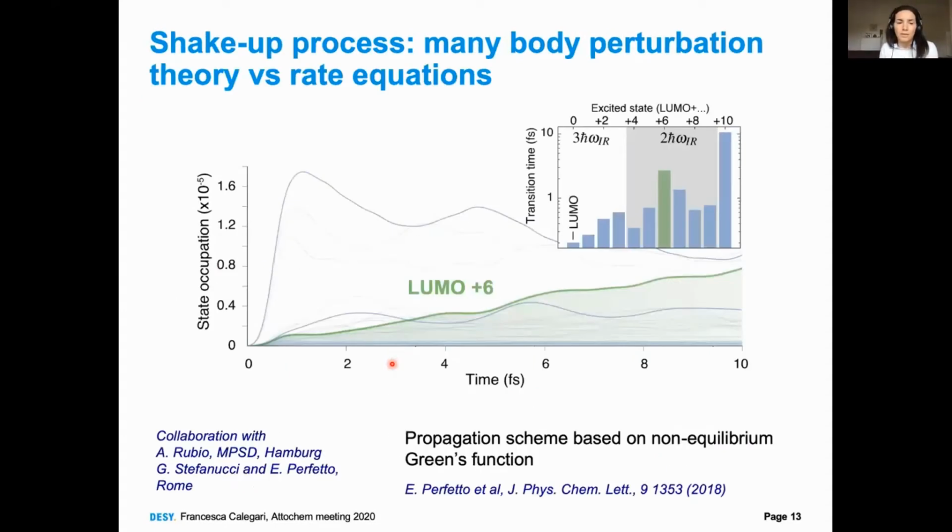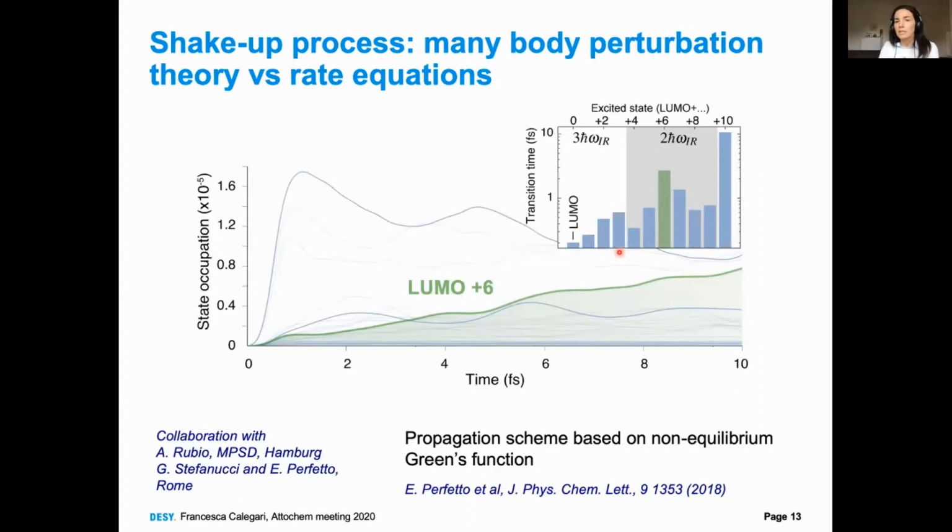We collaborated with the group of Angel Rubio in Hamburg and with the group of Gianluca Stefanucci and Enrico Perfetto in Rome to better understand the theory behind this stabilization of adenine. They performed a simple calculation based on a rate equation, just to evaluate the transition time of the shake-up states involved in this process.